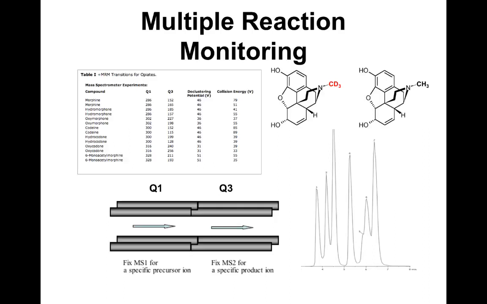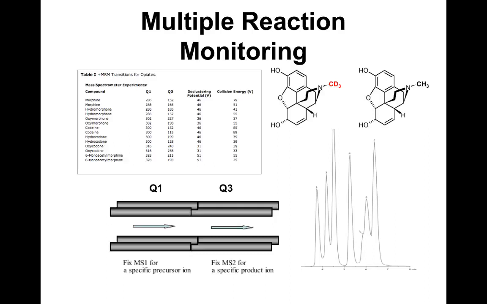So this is standardly used in clinical triple quad mass spectrometry or clinical ion trap mass spectrometry. And this is an example of a compound where it's deuterated and non-deuterated, and so the deuterated version is included.